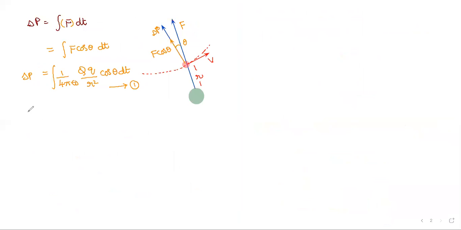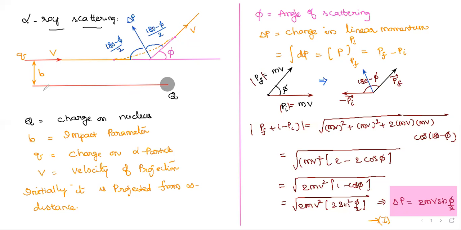If I take L initial, I write it using r cross p, that is p into perpendicular distance. I'm writing the magnitude: linear momentum is mv into perpendicular distance b from the line here.